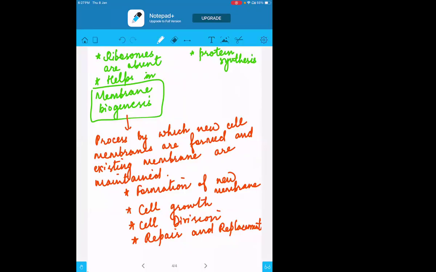They contain ribosomes on their surface, so because of this it helps in the synthesis of protein and also membrane biogenesis.